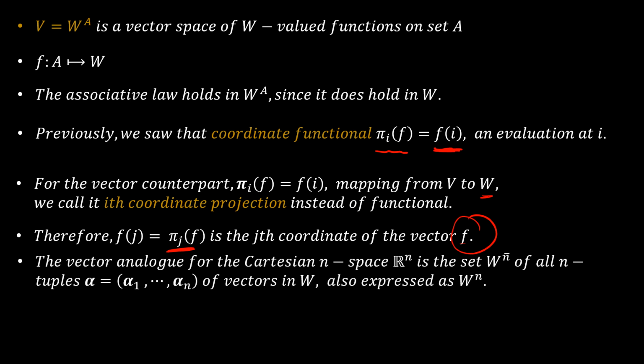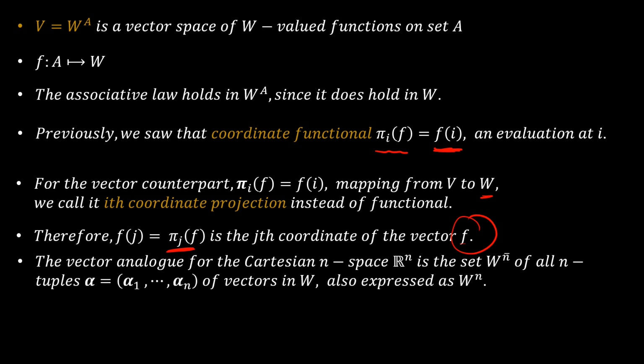Now the vector analog of the Cartesian n-space Rn, where Rn is used to denote an n-tuple of elements that are real numbers, on the vector side is usually the set W to the n.